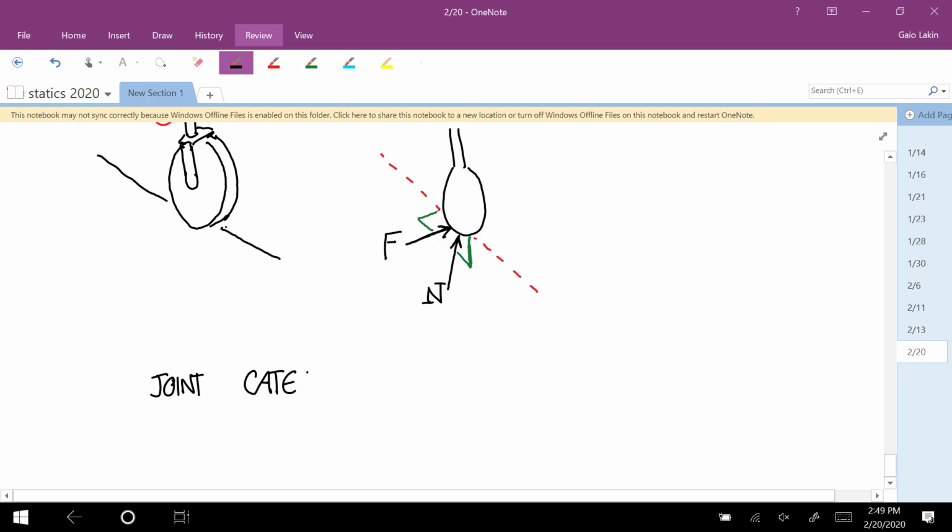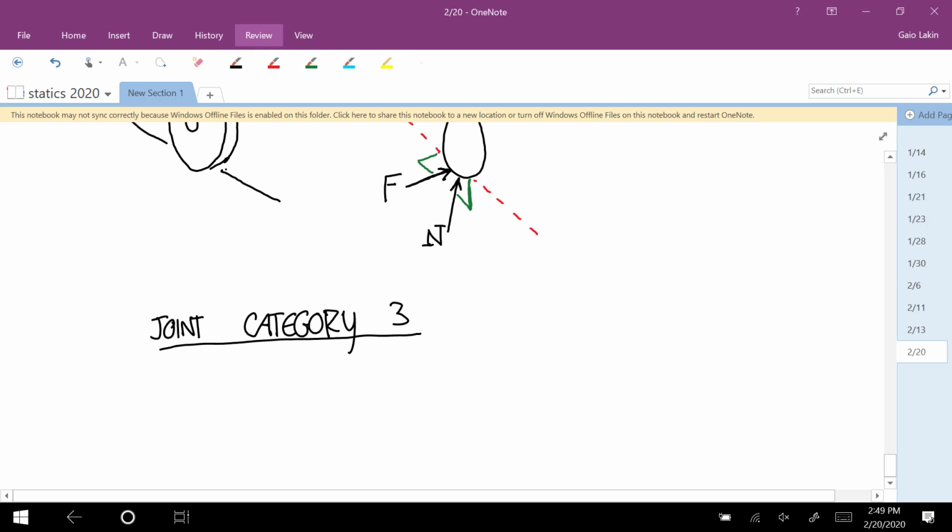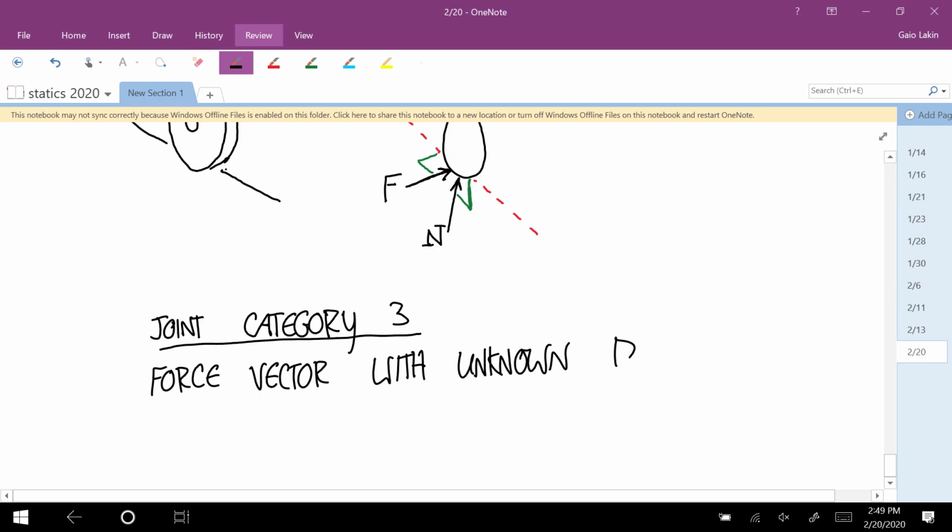Joint category 3 applies a force vector with a totally unknown direction. And so if you have a force vector with unknown direction, that means that it prevents translation anywhere, okay? So all translation is eliminated.